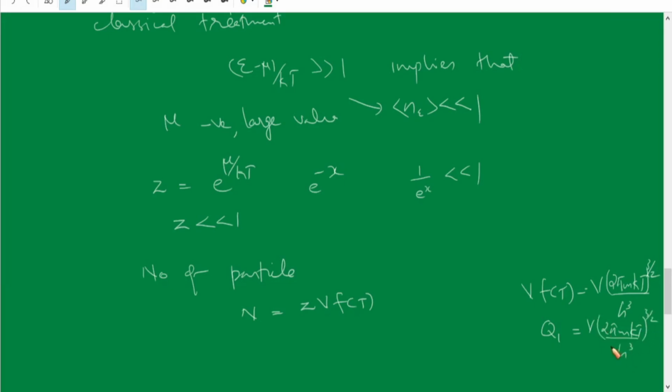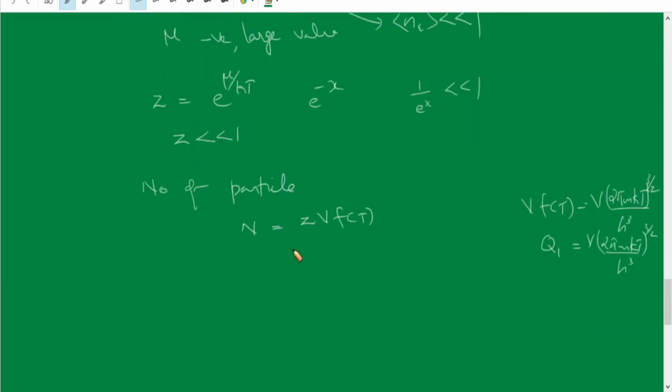If we substitute this value here, then for an ideal gas this will become N. This is obtained from the expression N bar equal to Z dou by dou Z of the log grand partition function.